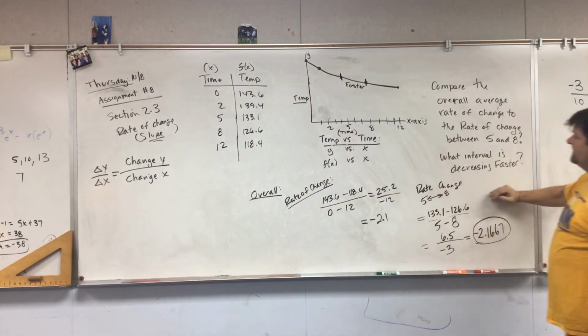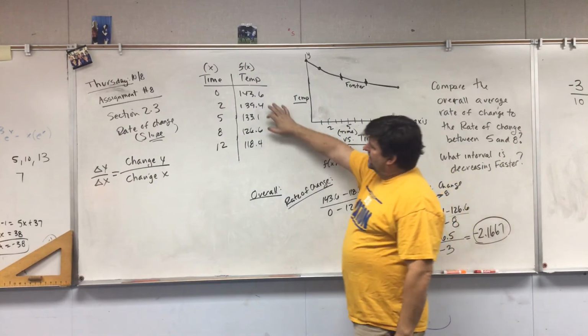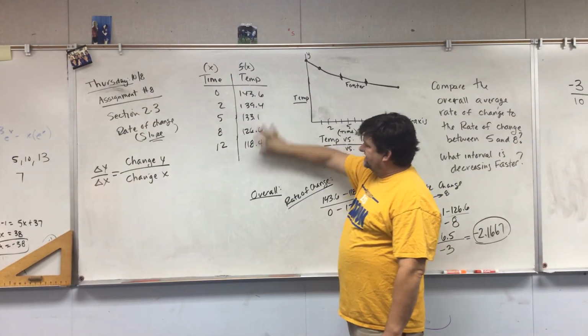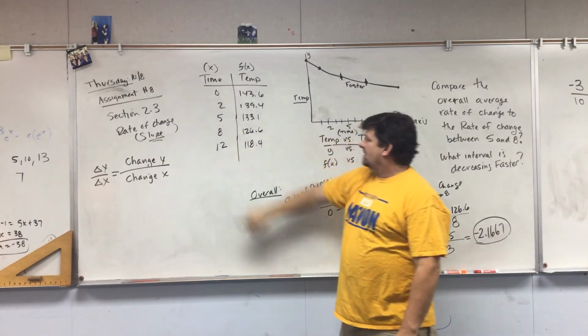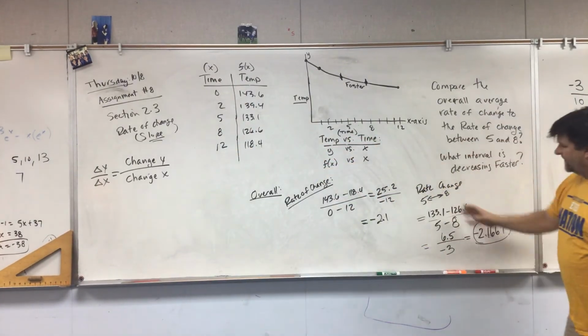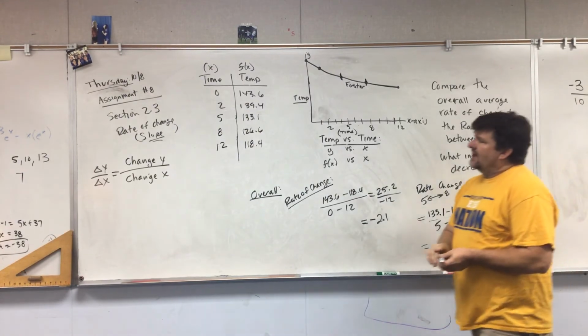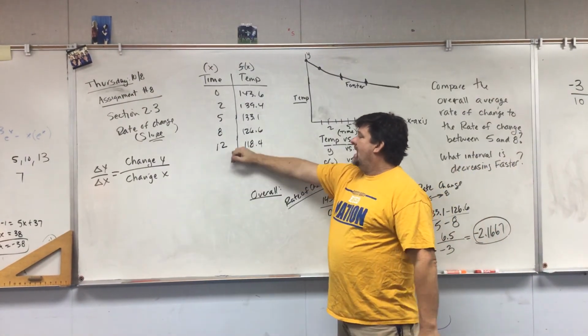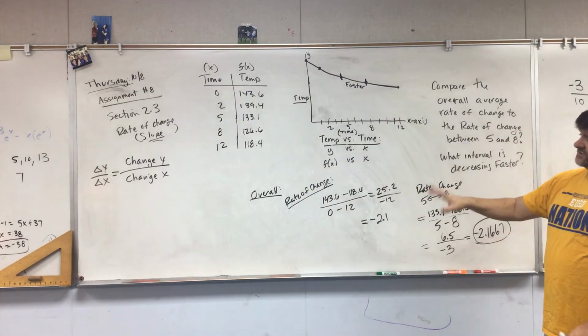Okay? So that's how you find rate of change. Rate of change is the change in y, the first y value minus the second y value over the associated x value minus the last one. You do it for any point they give you. It's a lot easier to do it as an output table. You can graph it if you'd like, but always make sure you do rate of change.